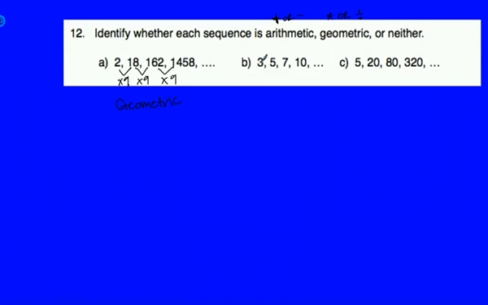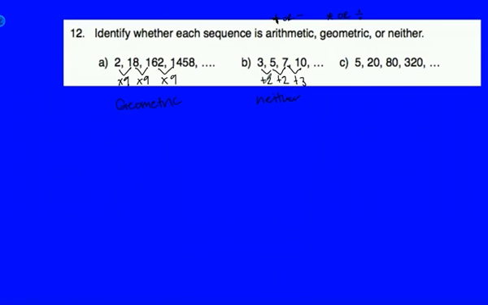In B, to get from 3 to 5, you would add 2. To get from 5 to 7, you would add 2. And to get from 7 to 10, you would add 3. So even though you were increasing by 2 on the first 2 numbers, because you increased by 3 on the third to fourth number, this one is going to be neither.